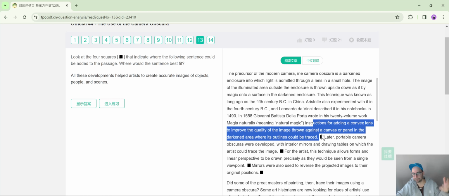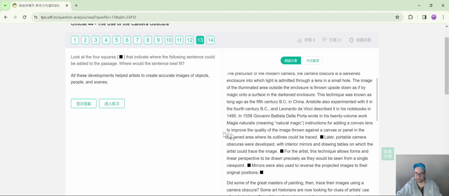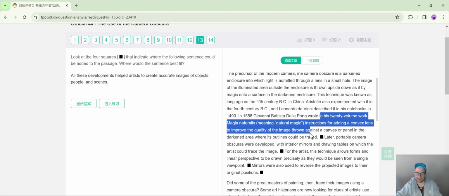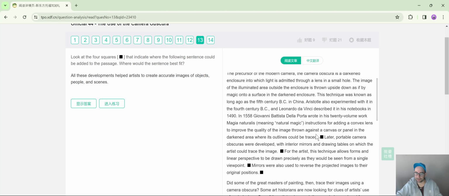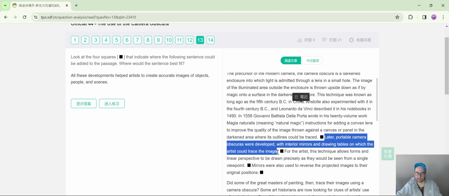Yeah, I remember that. It was to improve like how they trace stuff. So, okay, blank, all these developments. Why all these? He just mentioned one kind of development there, right? All right. Later, portable camera obscuras were developed, with interior mirrors and so on. Okay, so this is a development. This is some kind of innovation, right?